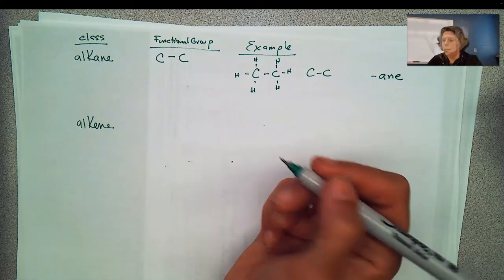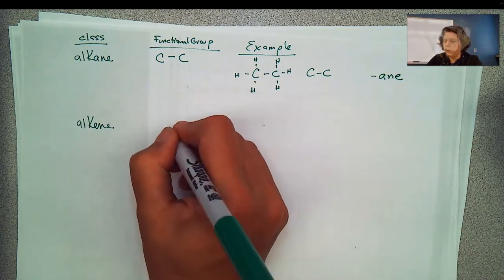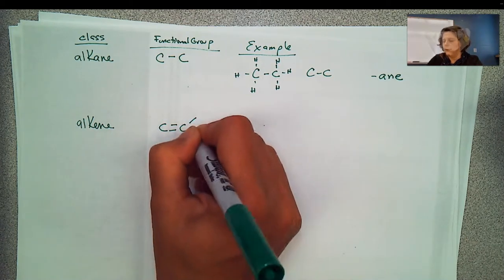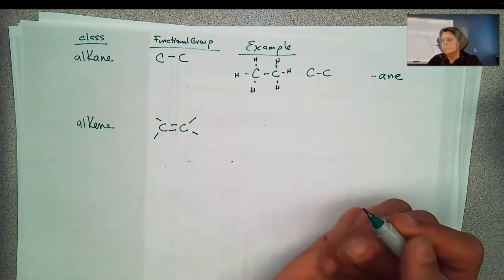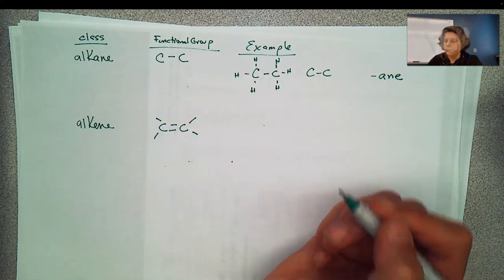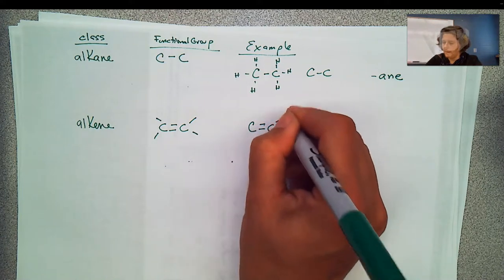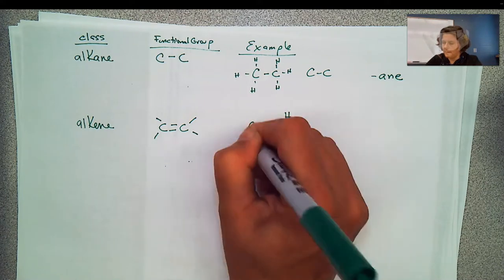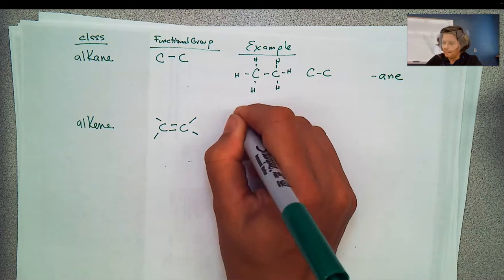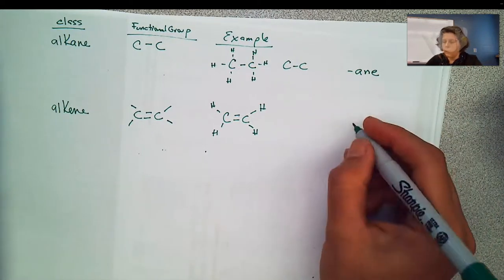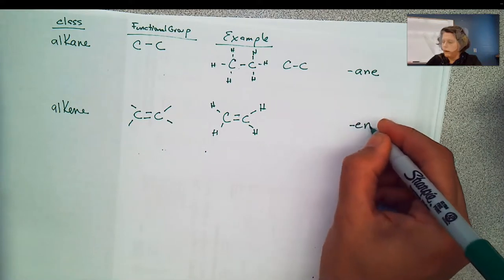This is where the functional group is a C bonded to a C, double bonded. So if we put here C double bond C, these end with E-N-E.